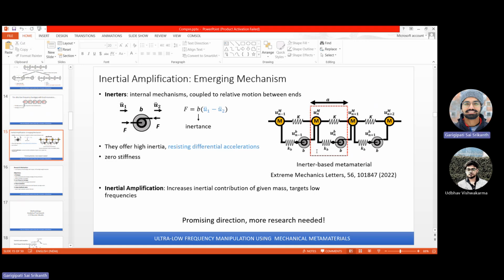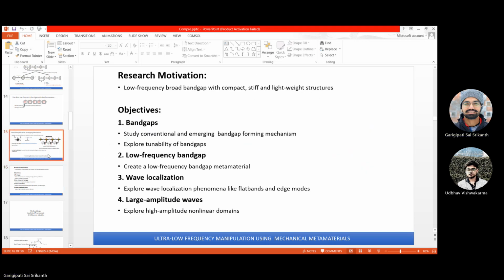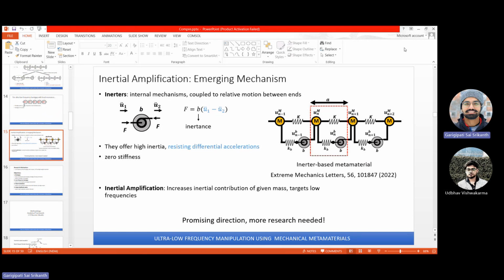What happens when inertia of the mode is increased is that the modal frequency goes down. That is what is targeted: if the lower cutoff of a band gap goes down, then the band gap is becoming lower and broader. That is what inertial amplification tries to do.